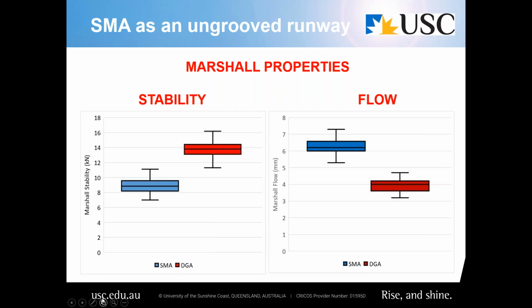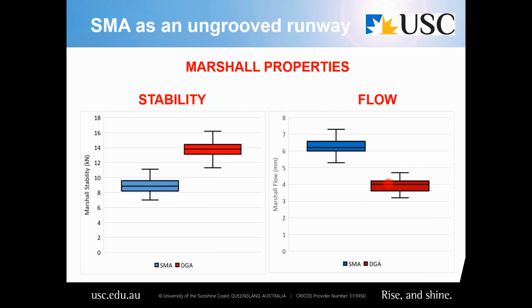So you can see there the dense graded values that we'd be more used to in red. You've got data around the 13, 15 kilonewton stability mark and flows of around 2 to 3 millimeters on this side.